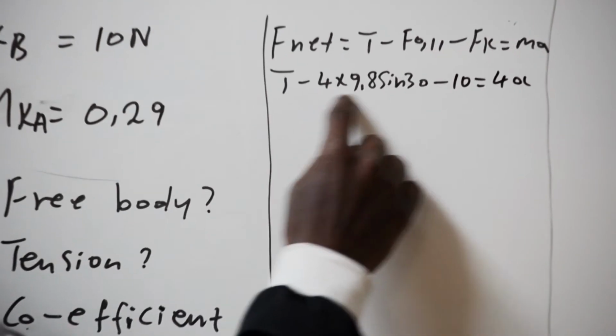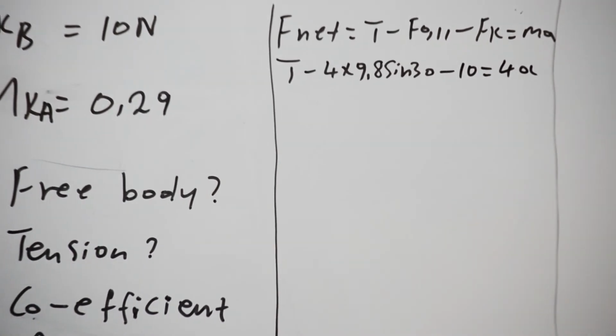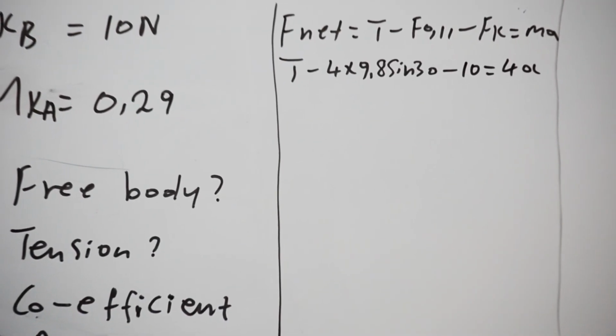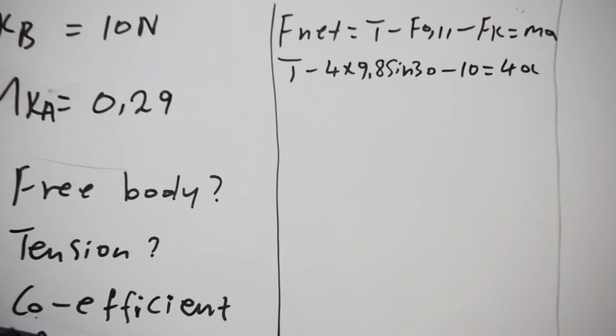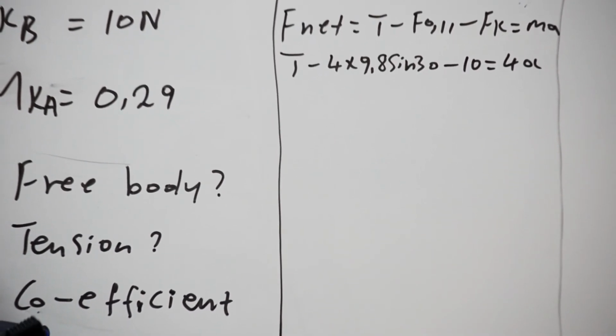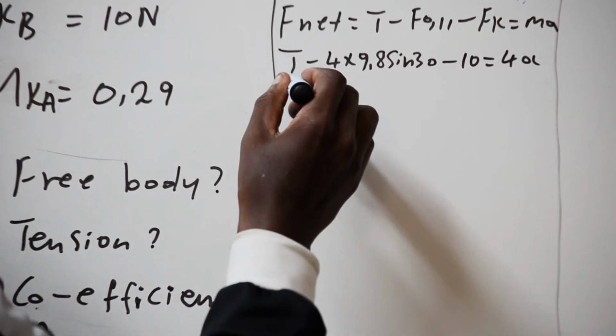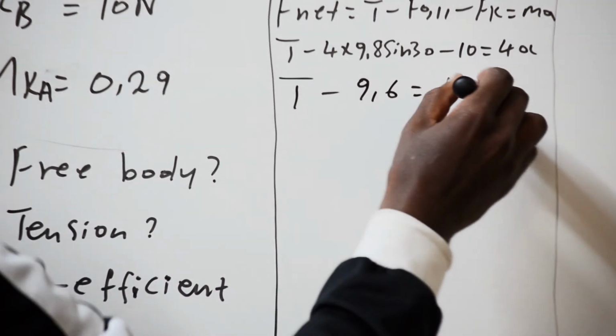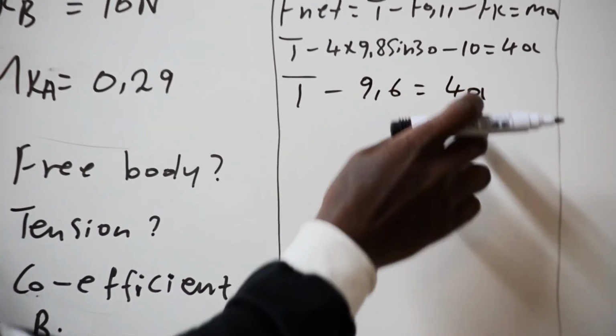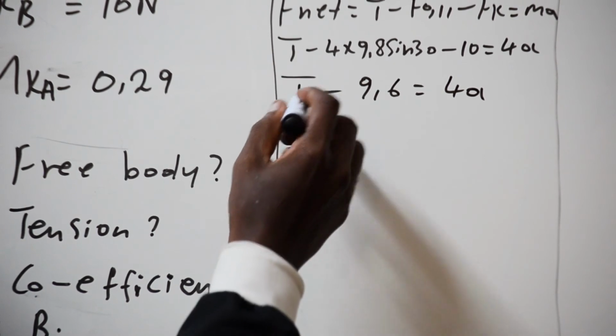Then the numbers are for your calculating. So it's 4 times 9.8 sin 30 minus 10. So we'll have T minus 9.6 equal to 4A.